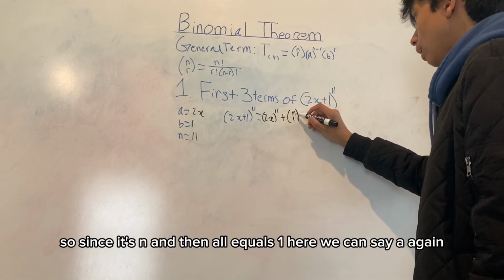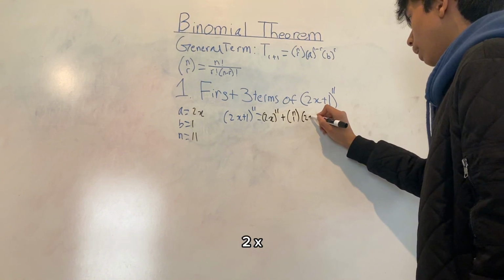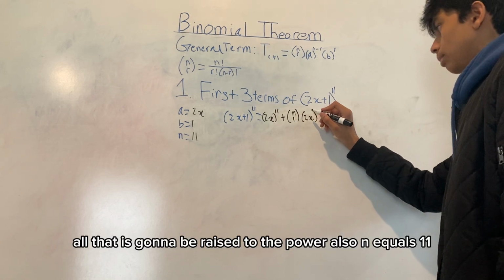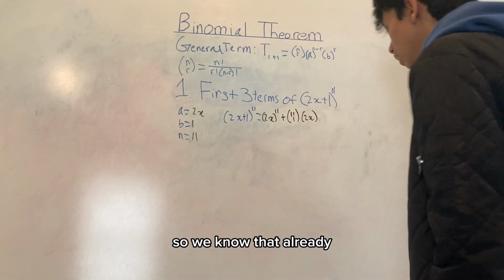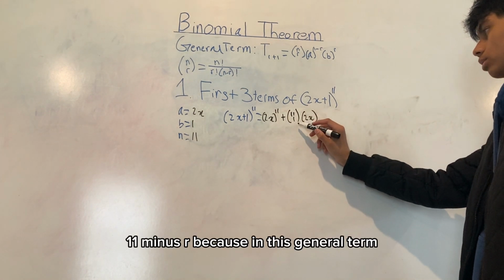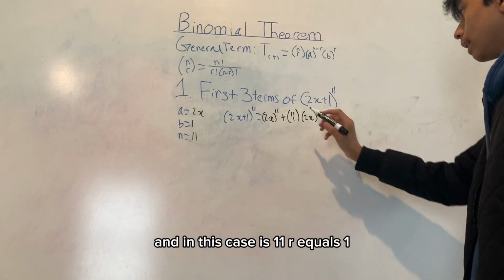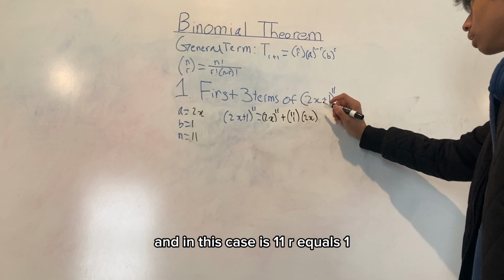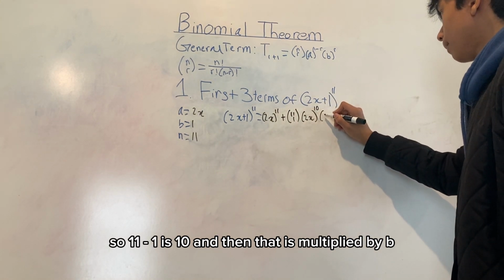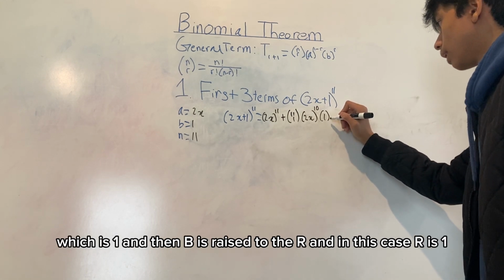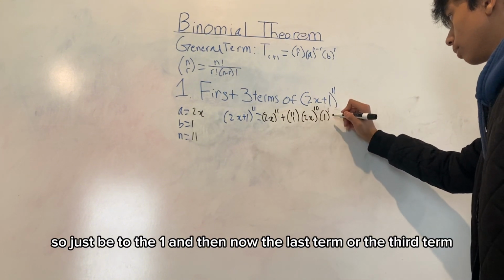Since r equals 1 here, we have a, again 2x, raised to the power 11 minus r, because in the general term a is raised to the n minus r, and n is 11, r equals 1, so 11 minus 1 is 10. Then that is multiplied by b, which is 1, raised to the r, and r is 1, so it's just b to the 1.